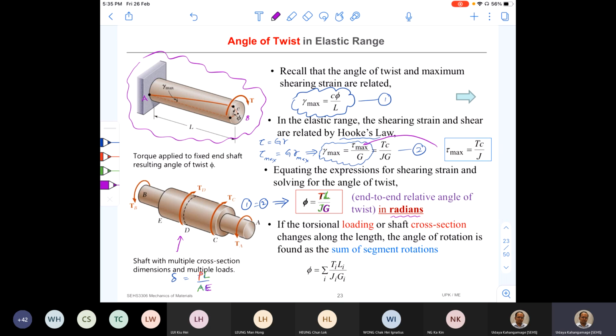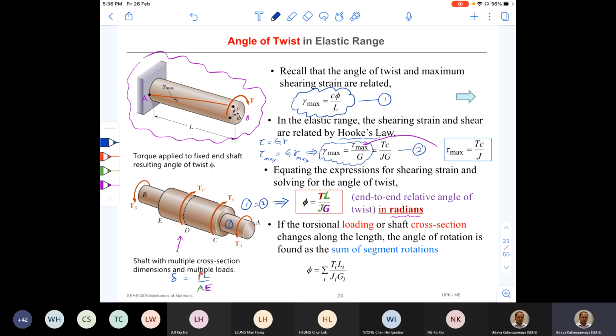So now in the second diagram, the compound member, if you want to find the total angle of twist of the member at point A with respect to B, then we need to apply this equation for different sections where the internal torque is the same, the cross-sectional area is the same, and the material properties are the same. Okay, so by observation you can find that A to C, this member has the same parameters.